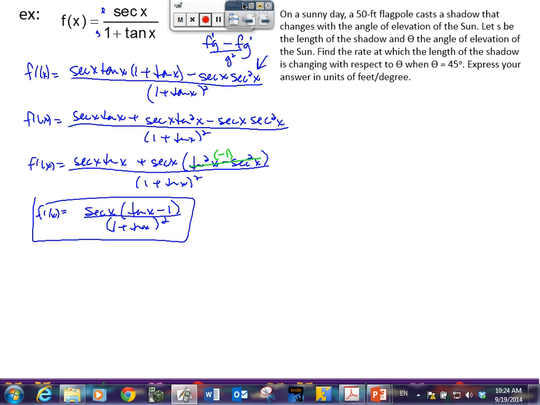I'm going to stop right here and we're going to draw. So here is a 50-foot flagpole. There's the sun. It's casting my shadow. I said shadow is S. And theta is the angle of elevation with the sun.